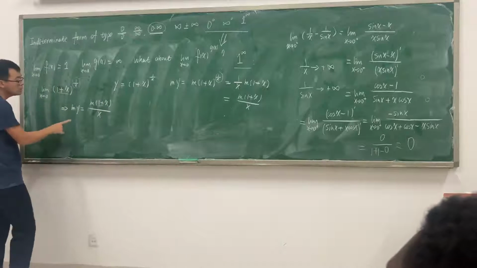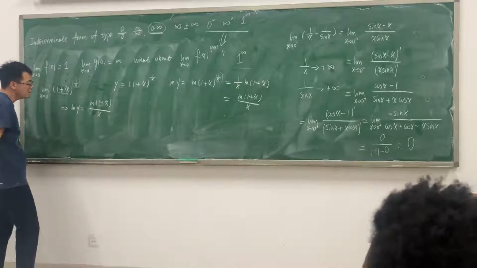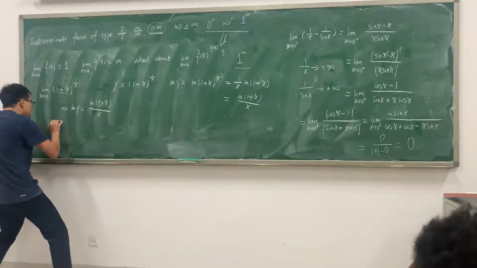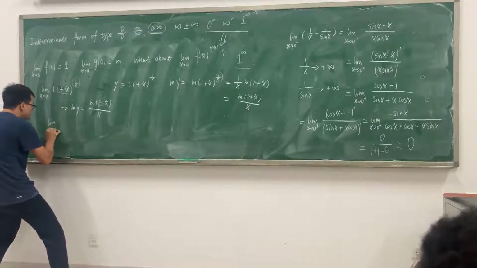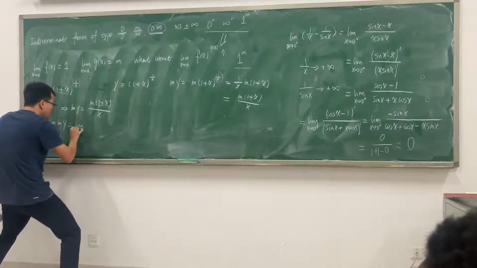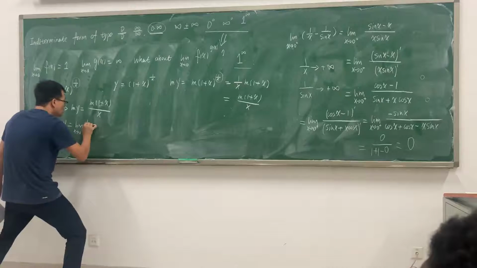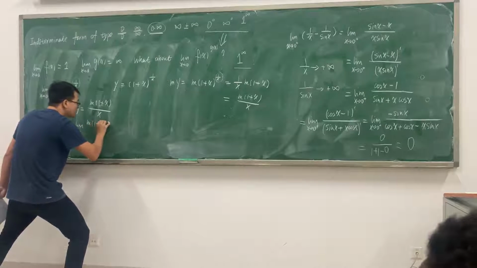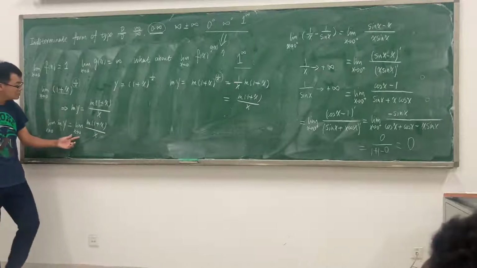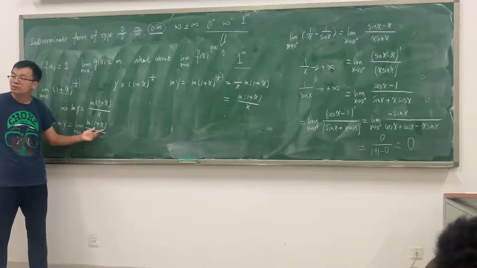Now, what about this limit? The limit as x approaches 0 of ln y equals the limit as x approaches 0 of ln(1 plus x) by x. You can see x approaches 0, 1 plus x approaches 1, ln 1 is 0.